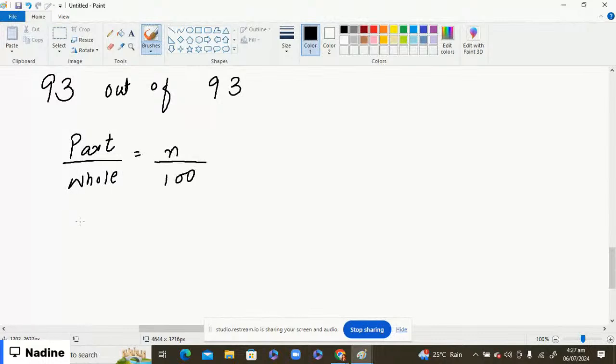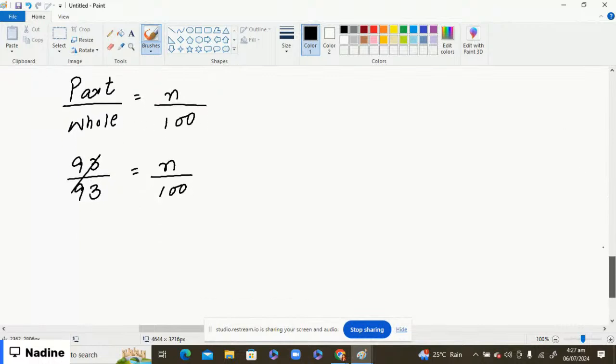What is the part? 93. What is the whole? 93. What is n? Not given. And it is over 100. If you just cross multiply, since they are the same number, you get 93 times n and 100 times 93.